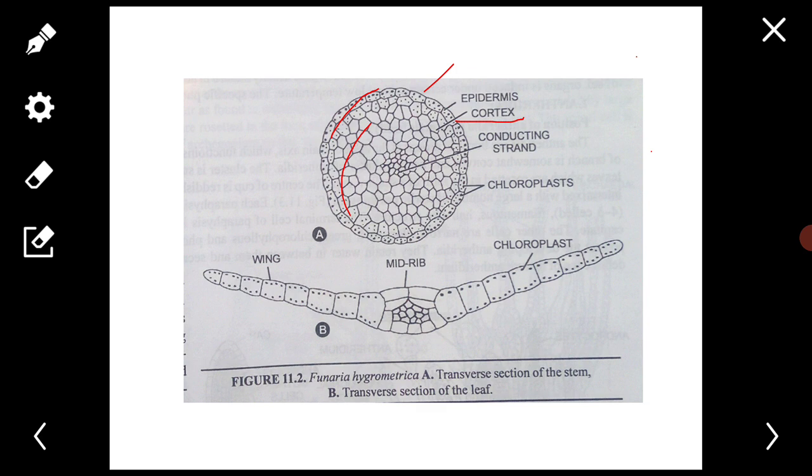The center of the main axis is occupied by vertically elongated cells.